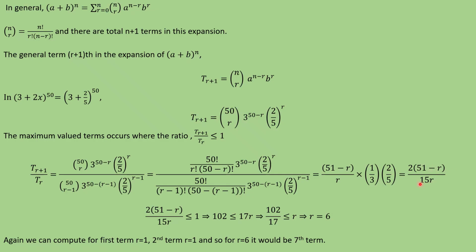If we equate it to 1, we can get 102 equals 17r, and so r will be equal to 6. Okay, as we know that when r equals 0, this is the first term. So for r equals 6, this would be the seventh term, but in our options we don't have the seventh term, so maybe it can be the sixth term according to the options, but this could be the seventh term.